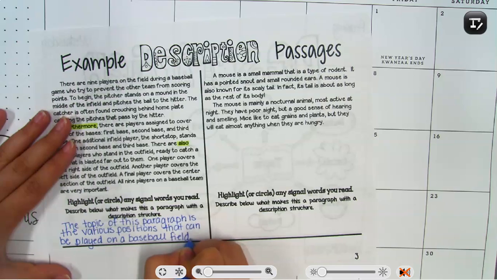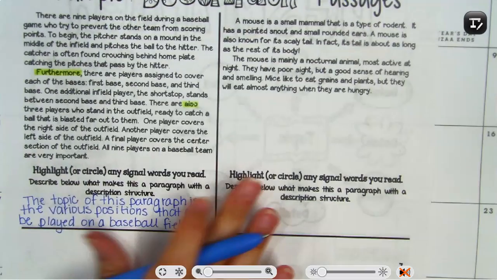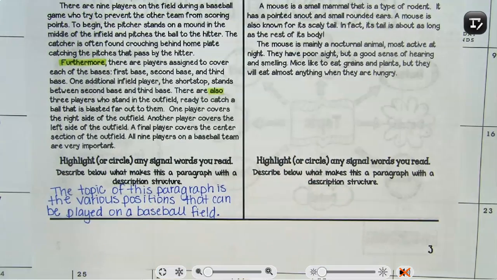Okay, so write that down. Remember, guys, you can stop the video at any time to copy anything down that I'm writing. So the topic of this paragraph is the various positions that can be played on a baseball field. So they're talking about the different positions.